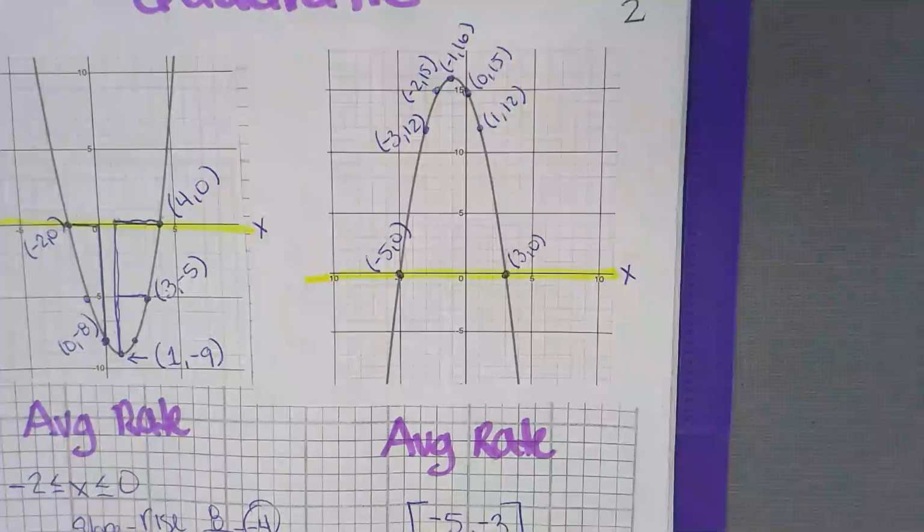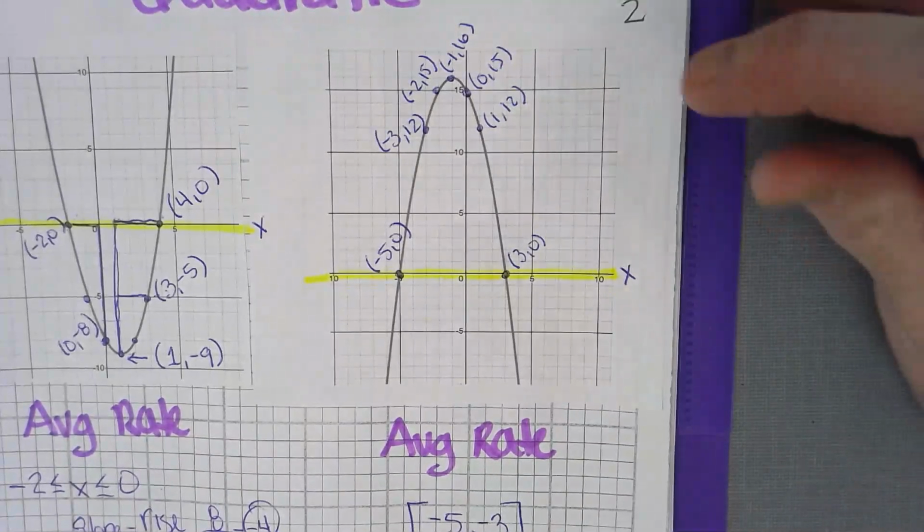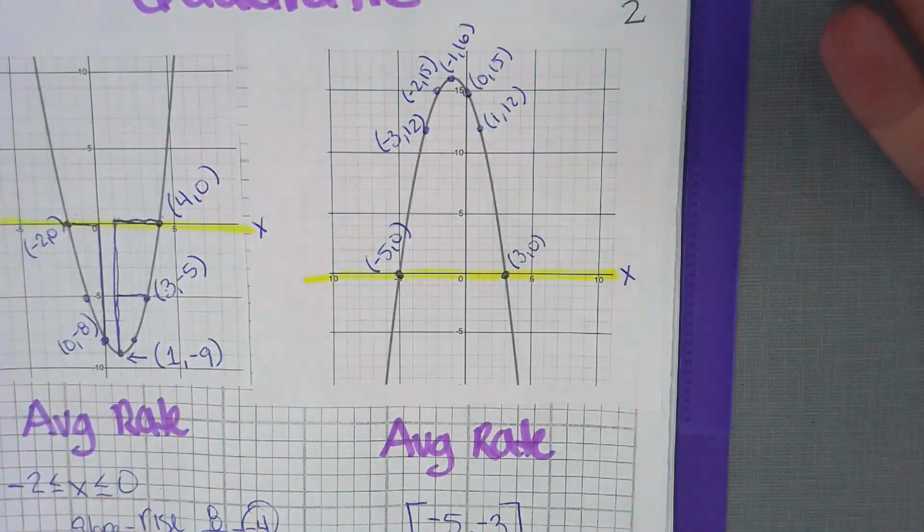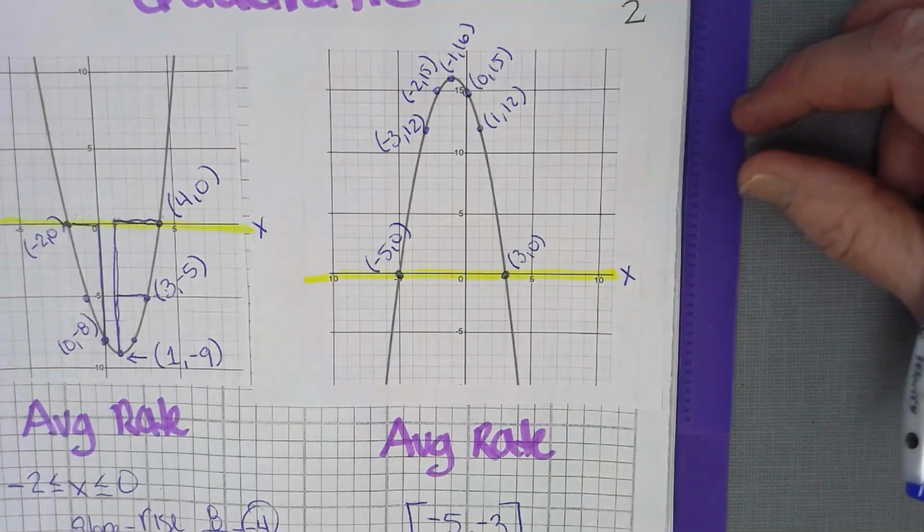Do you have to label these points to rise and run? No, you don't. It seemed like this helped the last class, so that's the reason why I'm labeling the points. If you can find them in rise and run without labeling them, it's fine.